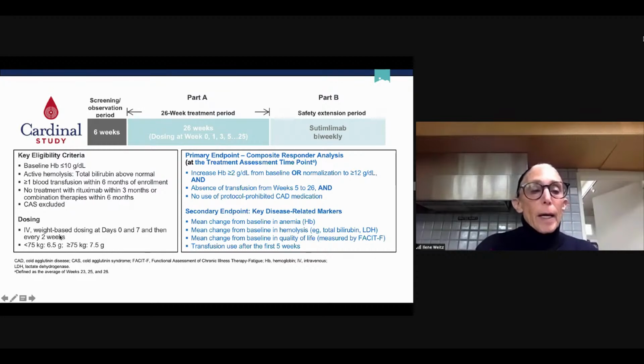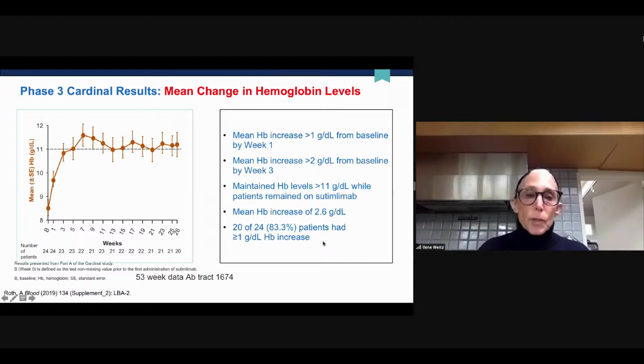And then it's given IV, it's weight-based, given on day 0, day 7, and then every 2 weeks thereafter. And this is the weight-based dosing. The endpoints were a hemoglobin increase of greater than 2 or normalization of the hemoglobin, the absence of transfusions from week 5 to 26, and then they looked at mean change, et cetera.